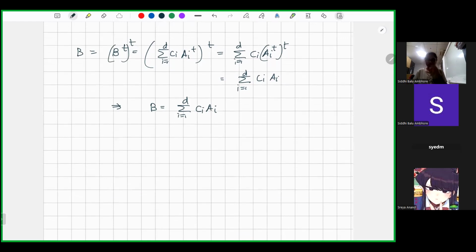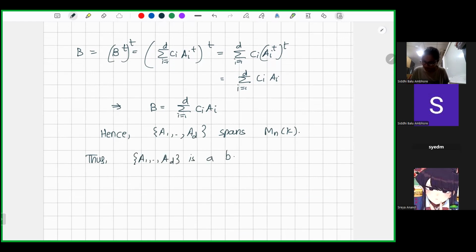So hence A1 to AD spans MNK. Thus, A1 to AD is a basis of MNK.